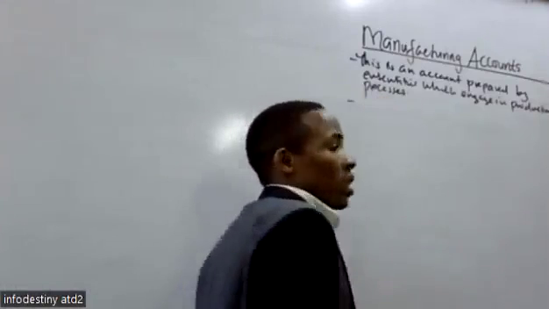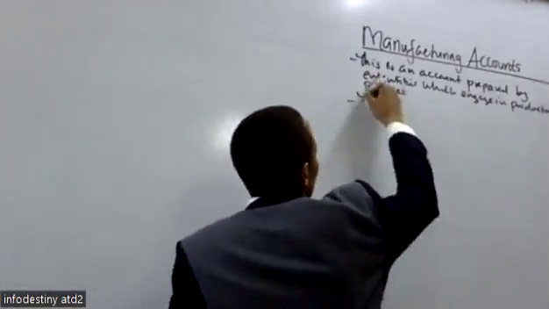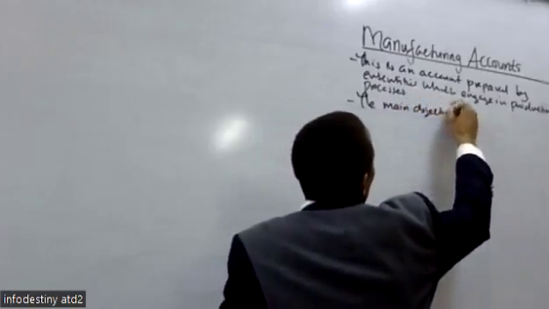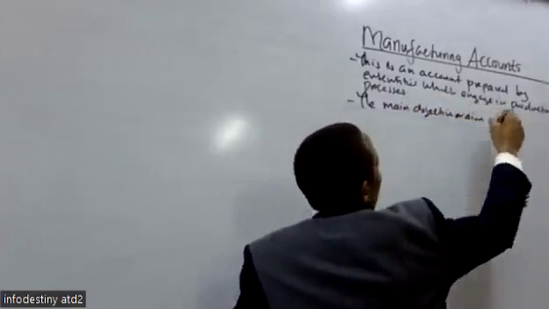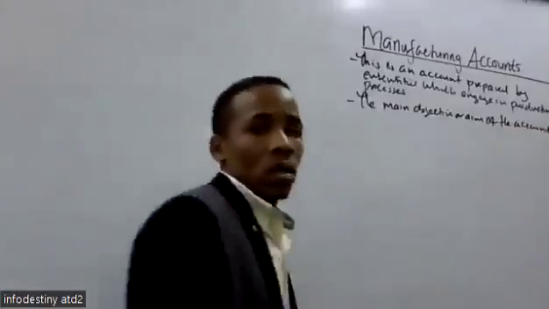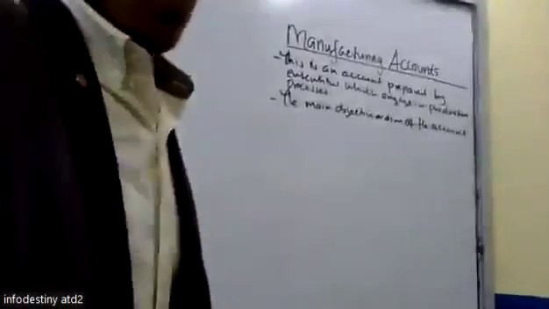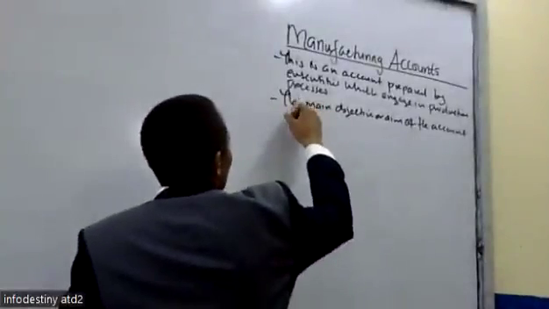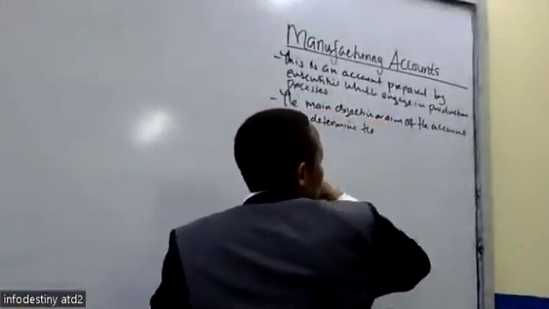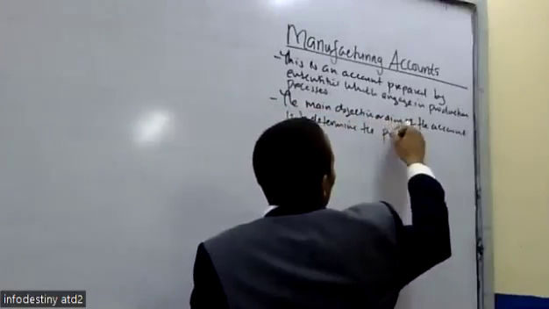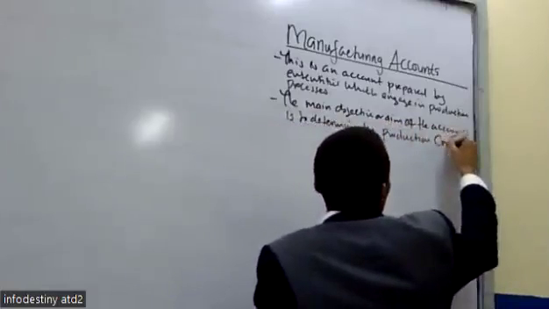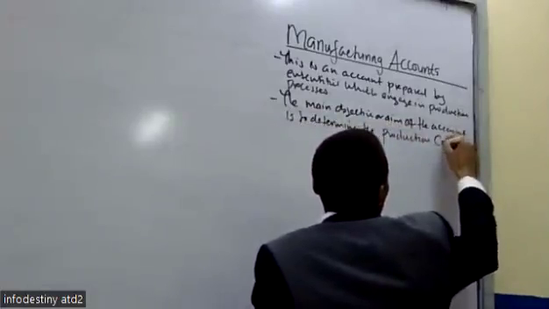Let me write and say that the main objective or aim of the account is to determine the production cost.